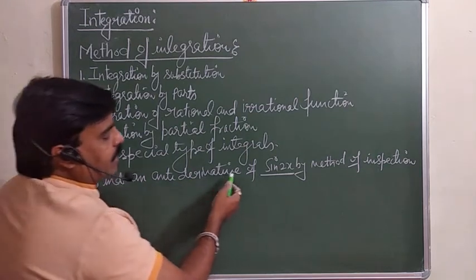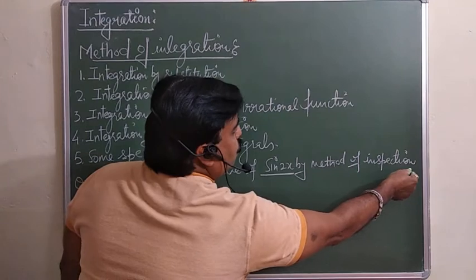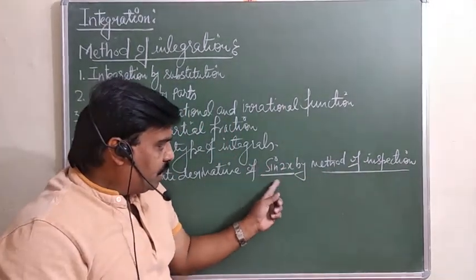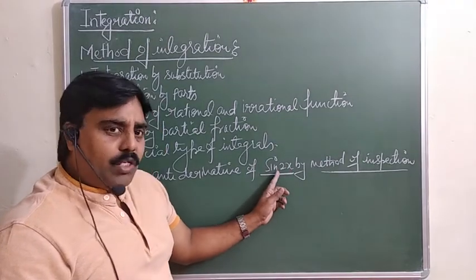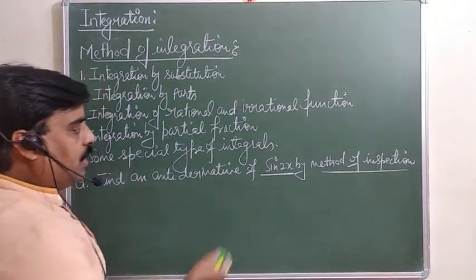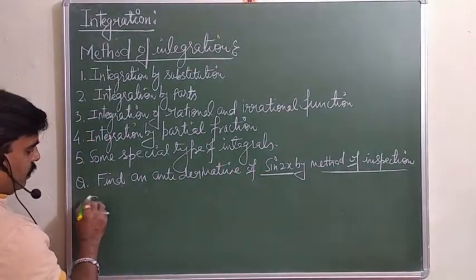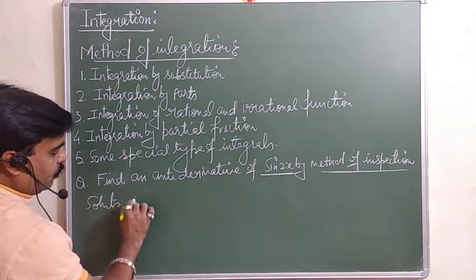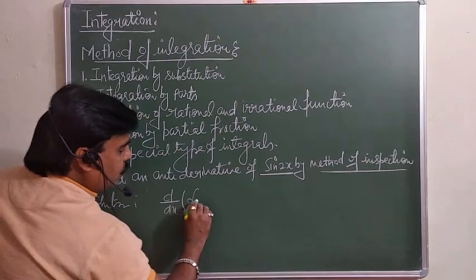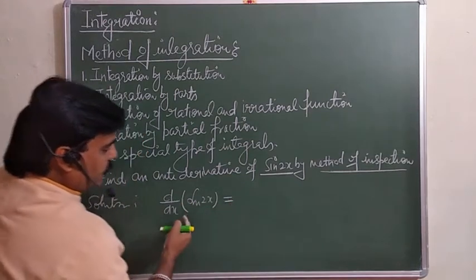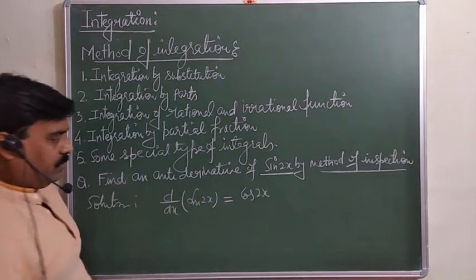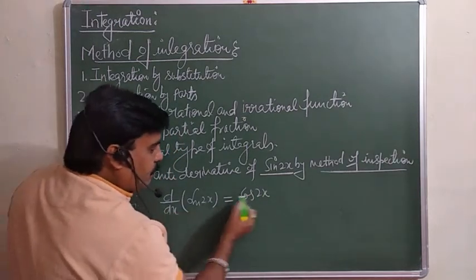We are supposed to find the antiderivative of sin 2x by the method of inspection. What exactly are we saying? If you take the derivative of a function and then take the antiderivative of that, you will get the function itself. So in the solution, take d over dx of sin 2x.